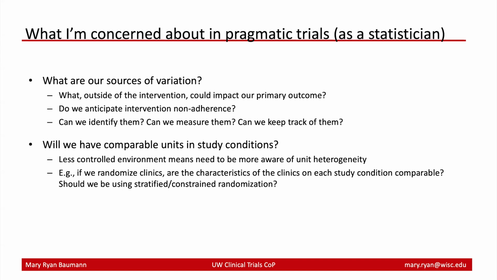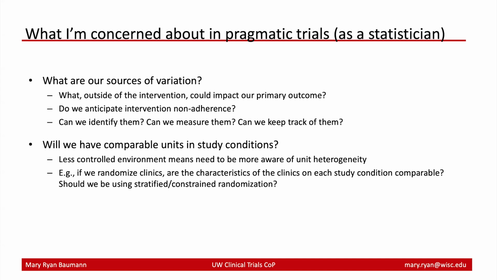Another question I tend to ask is, are we going to have comparable units in study conditions? This comes up a lot in cluster randomized trials, where because we have a less controlled environment, we need to be more aware of unit heterogeneity.